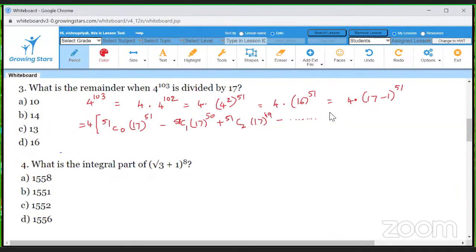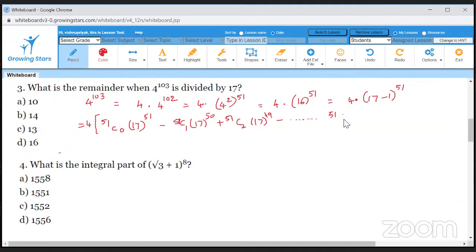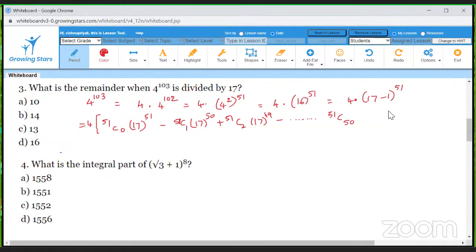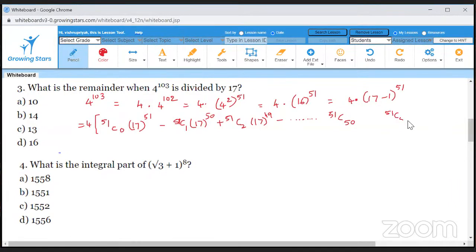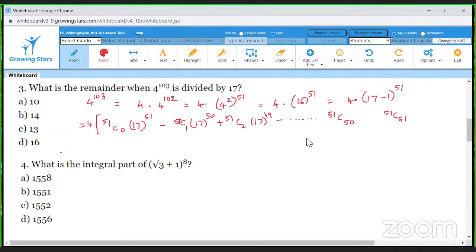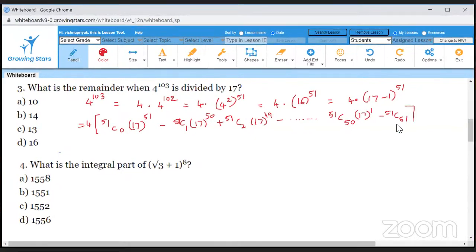In the end, I will be having 51C50 and 51C51. So 51C51 will be minus. 51C50 will be plus, but it will be having 17 power 1.